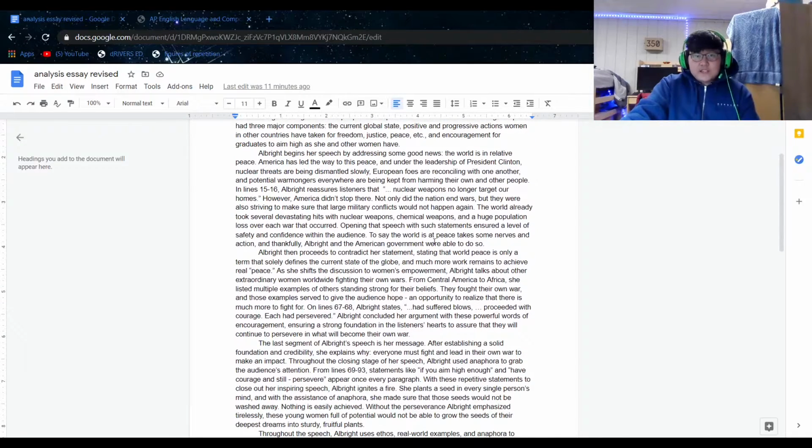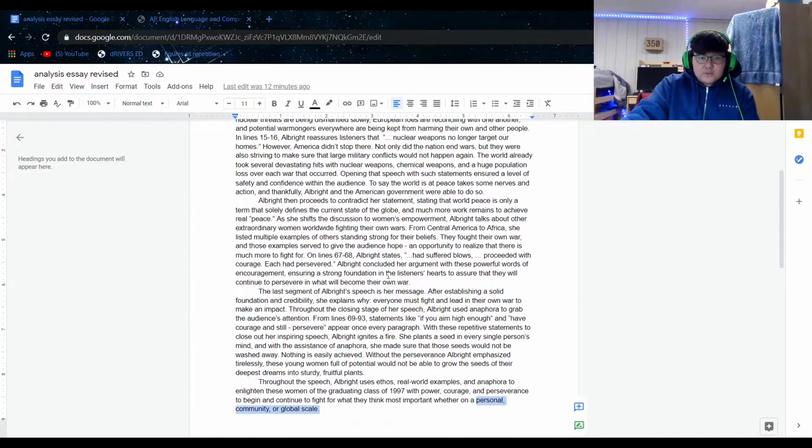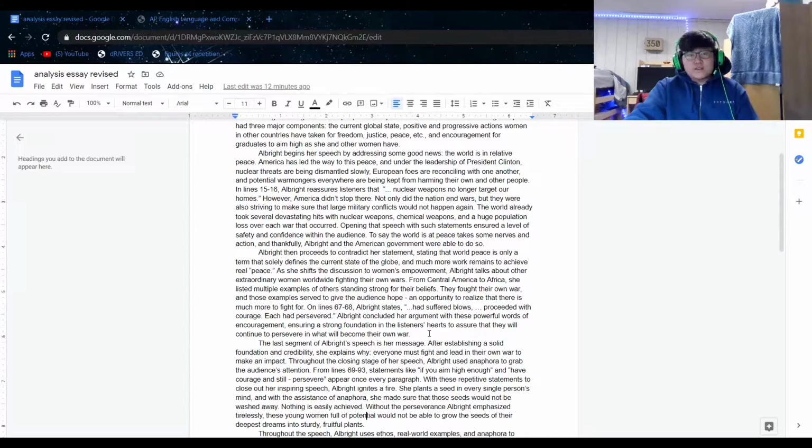Now talking about the last part of the grading system, we have the sophistication part, and right here we have the sample essay given. It said over here nothing is easily achieved, and up even above, she made sure that those seeds would not be washed away, using metaphor and other writing skills to bring out larger issues like here Albright talks about women's rights, equality, and global peace and all sorts of that.